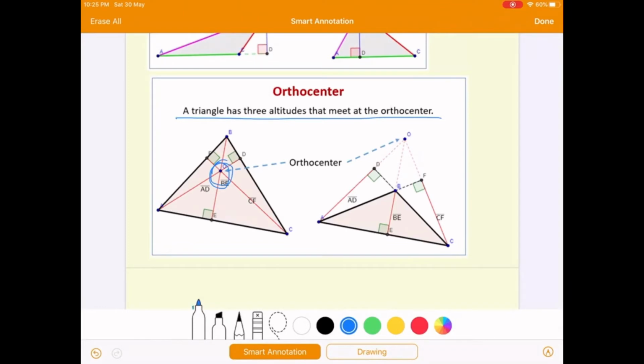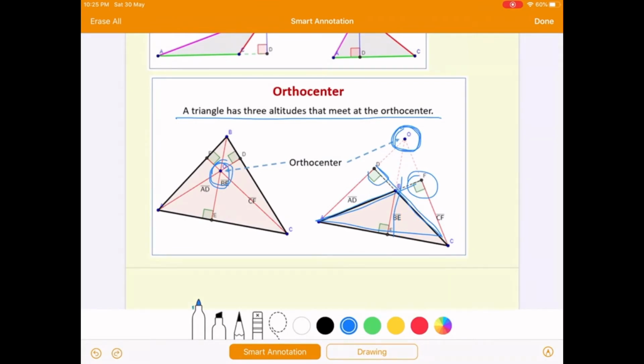Now over here you can see this is the orthocenter, right? It is outside the triangle because this is the triangle, but the perpendiculars are falling outside the triangle. Over here the perpendicular is here and this perpendicular, right? So the orthocenter is outside the triangle.